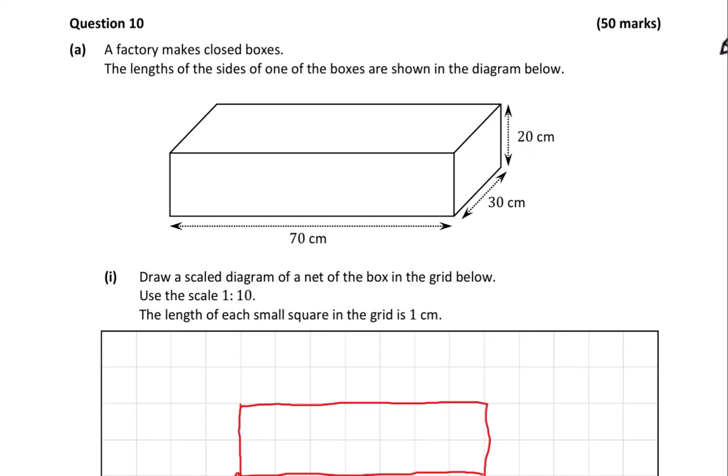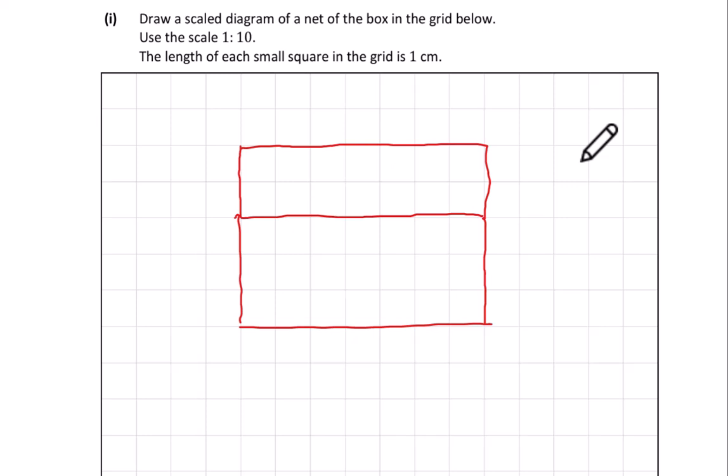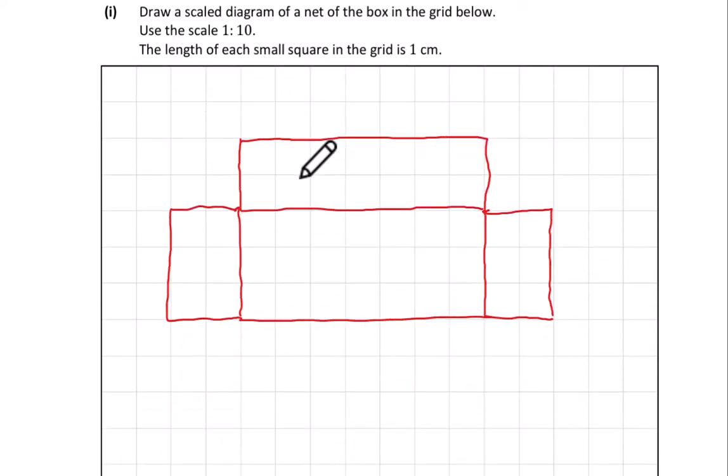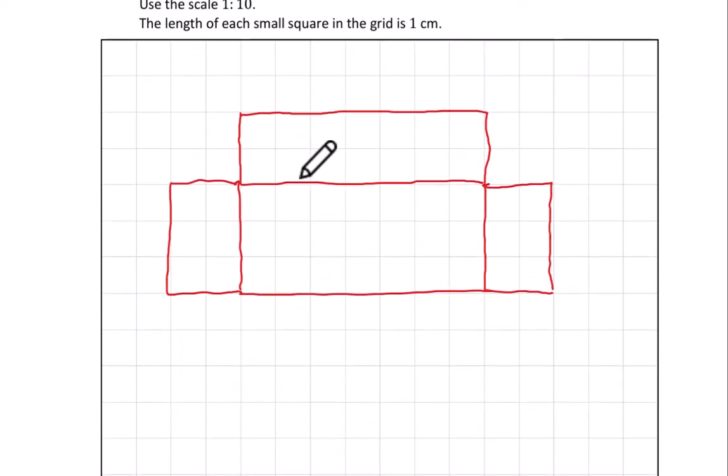Now I'm going to draw the 2 edges. So this edge here and the edge on the other side as well. That's 30 by 20. So we need to come out 2, come out 2. So that's the back and the bottom part. Now we need to draw this face here. Front face, that's 2 by 70. So it's another one of these.